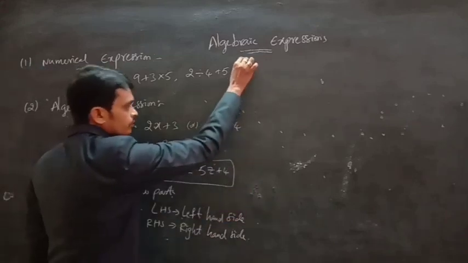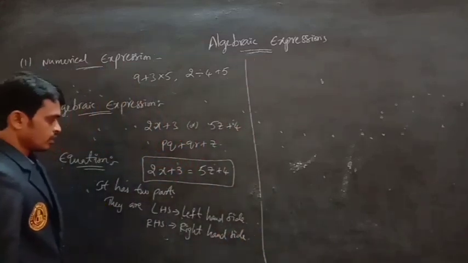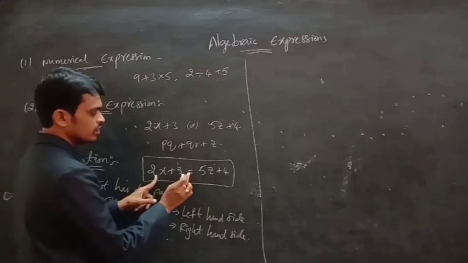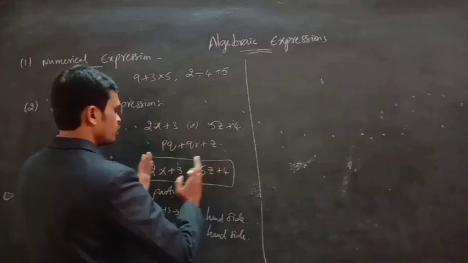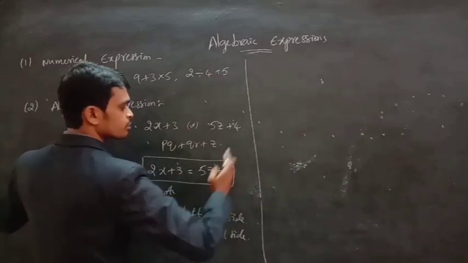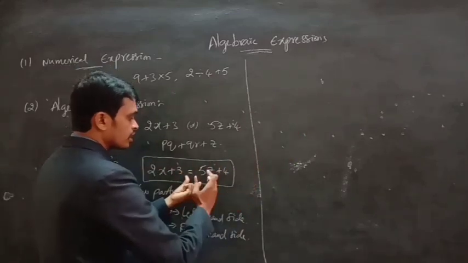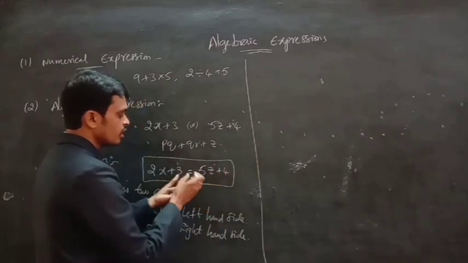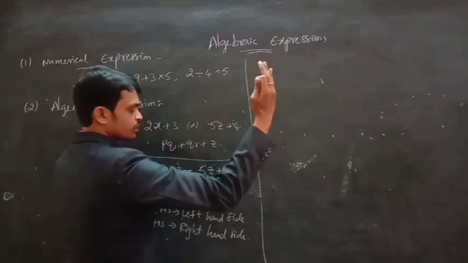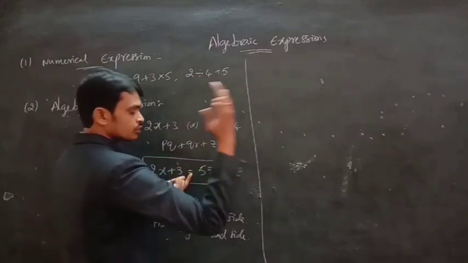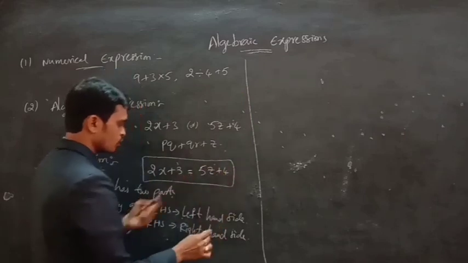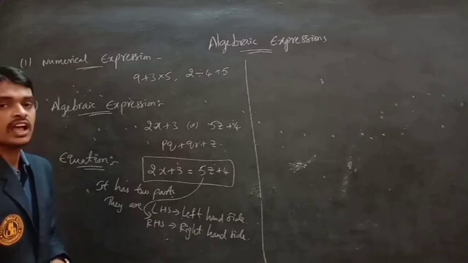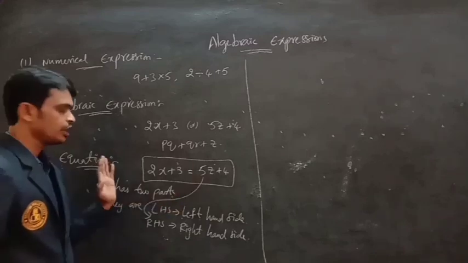Next, look at the equation. Here, the equation is connected by an equal sign. Two expressions are there. 5z plus 4 is on the right side of the equal sign, so 5z plus 4 is called the RHS of the equation.